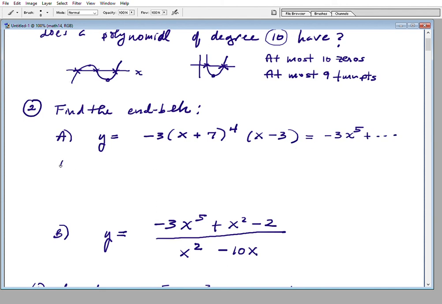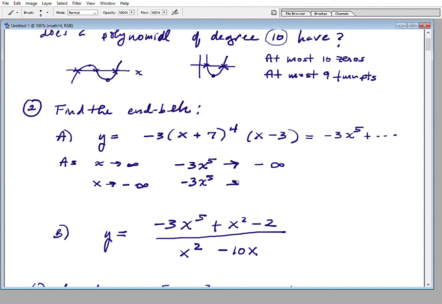So the end behavior, we would write out like this. As x goes to infinity, minus 3x to the 5th. Okay, well, this is going to infinity, and we have this negative in front, so it's going to negative infinity. Okay. Now, as x goes to negative infinity, all right, let's look at minus 3x to the 5th.